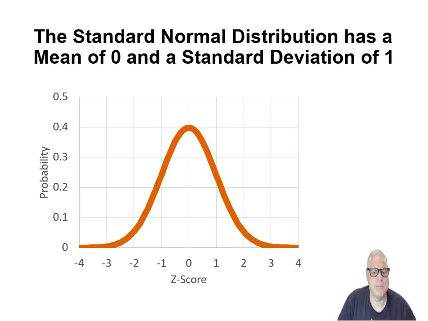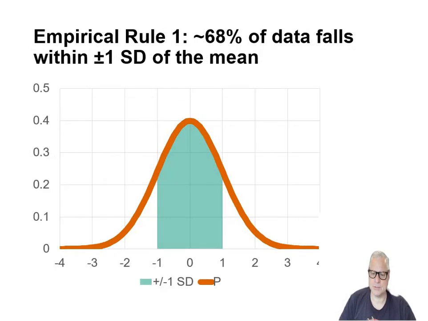So again, the empirical rule relates to a normal distribution which is bell-shaped, and then it says that we have within 1 standard deviation of the mean, which is what you can see here, this green area, that is 68% of all the observations.